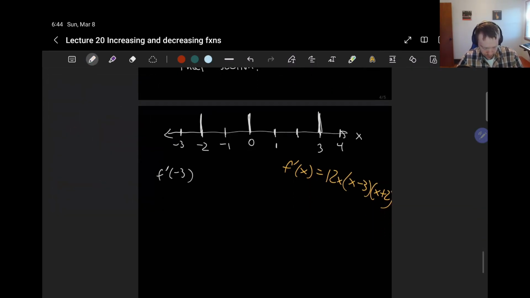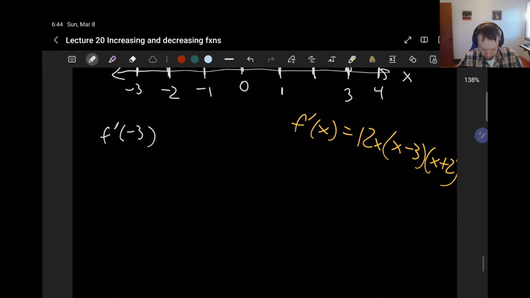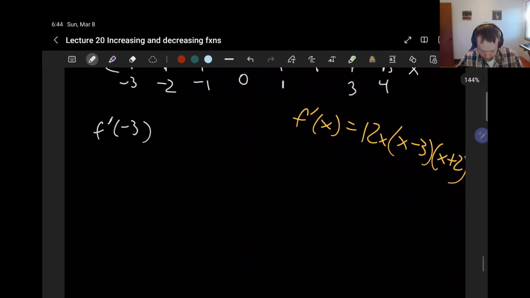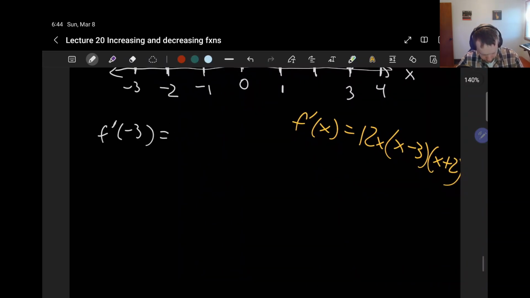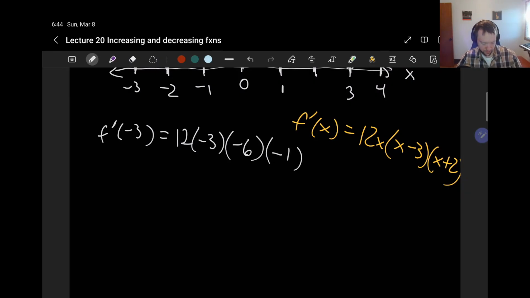Okay, so f prime of -3. 12 times -3. I'm going to do these in my head. -6, yep, times -1.